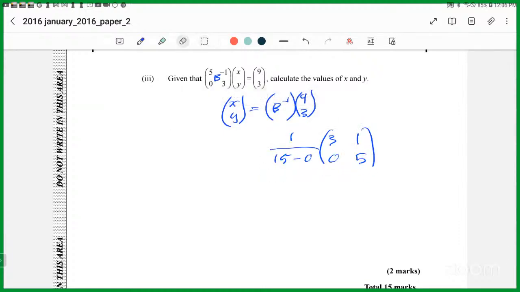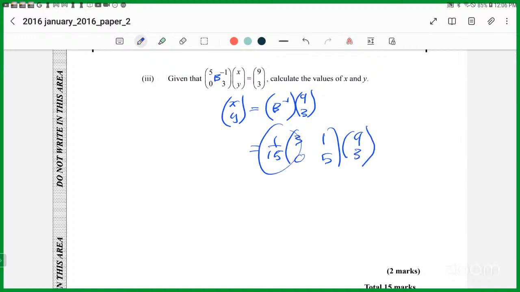I'm going to write this as 1 over 15 out here, the fraction on the outside. That's the inverse of B right there, times 9, 3. I leave this fraction for last.